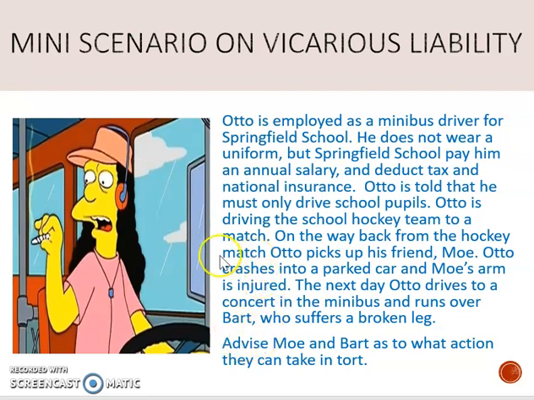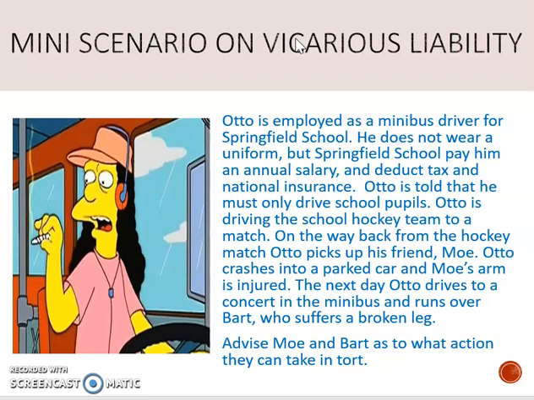So you could apply negligence to this, but the best advice for Mo and Bart is rather that they sue Springfield School rather than Otto, because Springfield School are going to have more money than Otto. So in this particular case, the best advice you can give is that they should sue in vicarious liability.